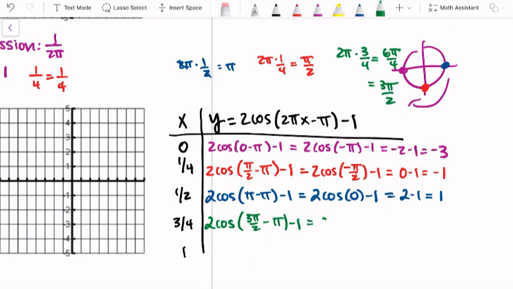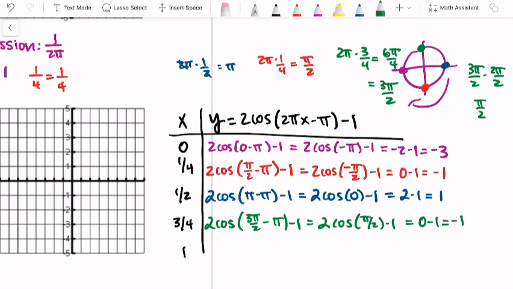I knew I was forgetting something. So we have 3 pi over 2 minus pi. That's like 3 pi over 2 minus 2 pi over 2, which is just going to be a singular pi over 2. So cosine of pi over 2 is up here. Cosine of pi over 2 is 0, so 0 minus 1 is negative 1.